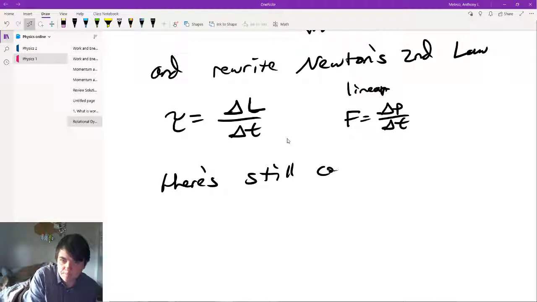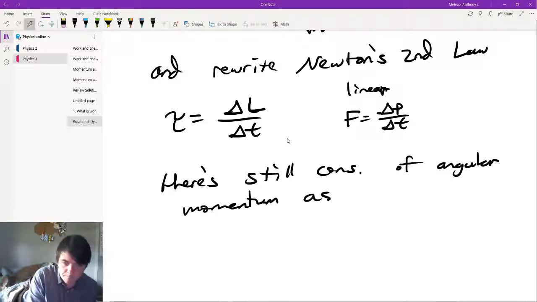There's still conservation of angular momentum as well. We'll do a couple problems with that.